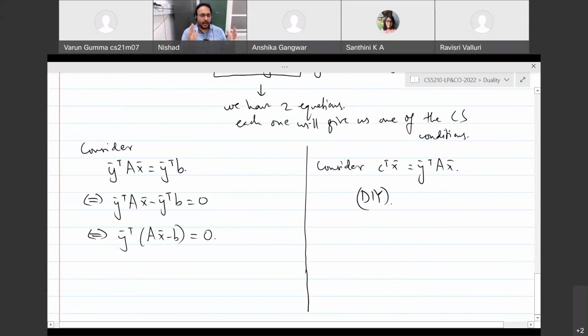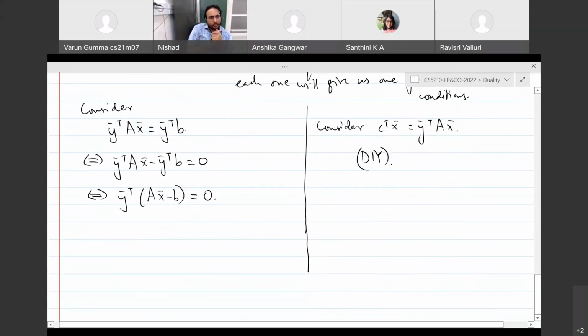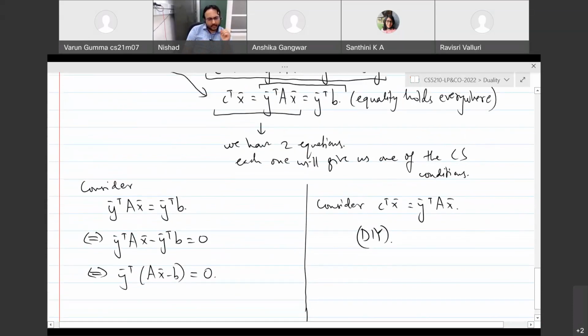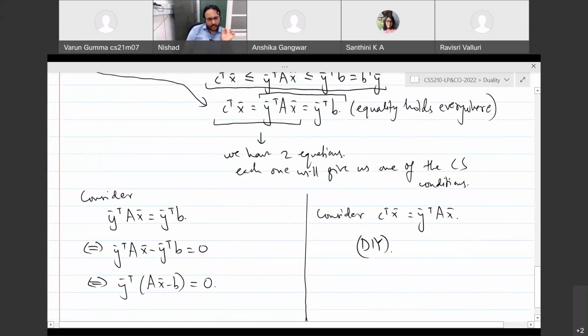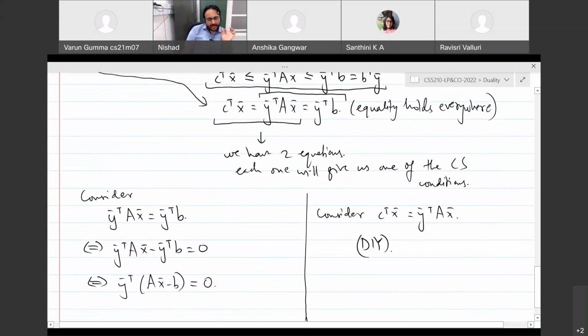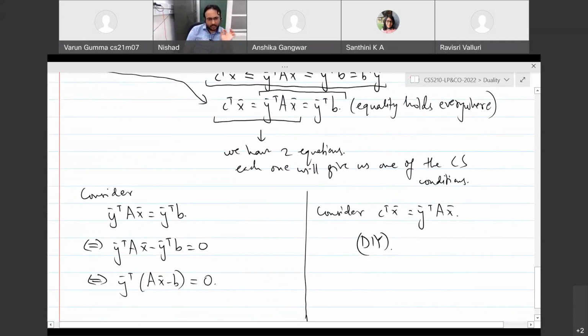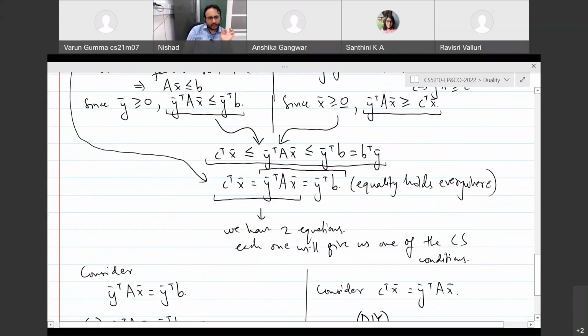Now, can someone tell me how to proceed? How should we get to one of the CS conditions? And in fact, can you tell me which CS condition we are going to derive from this equation? So look at this equation, y bar transpose times (A x bar minus b) equal to 0. Which CS condition will this take us to?